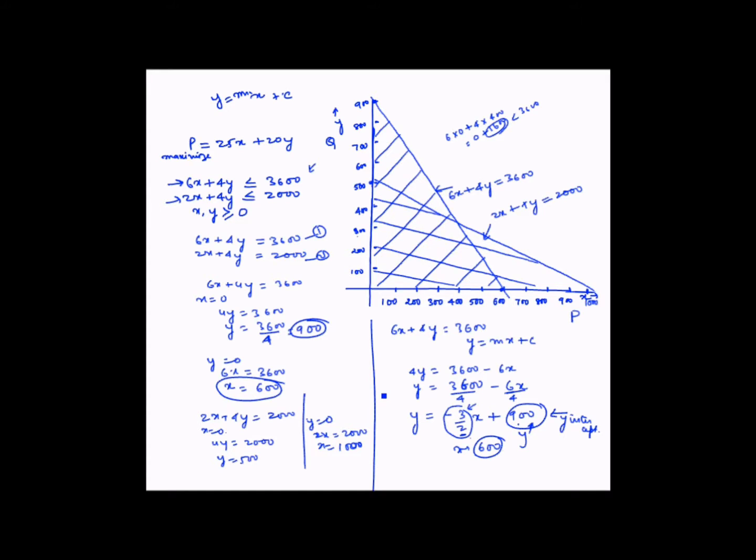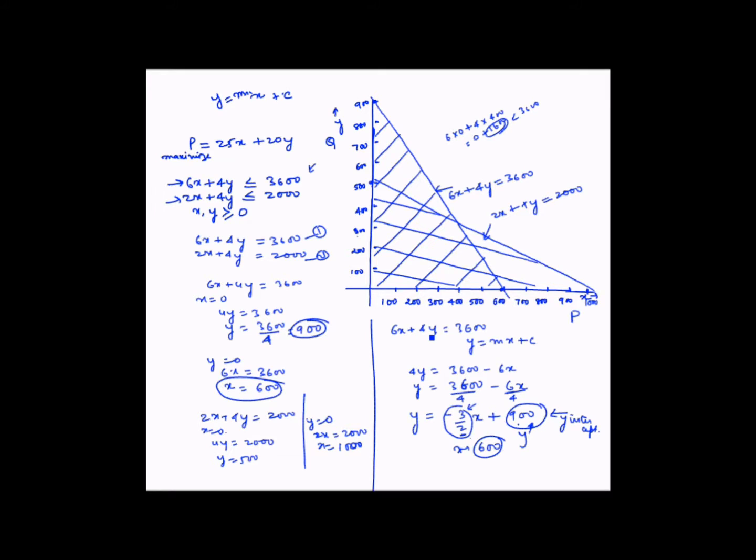So now the area which is common between the first and the second constraint is known as the feasible solution region. So this area, that is from here to here and the x-axis and the y-axis, this is the feasible solution region.